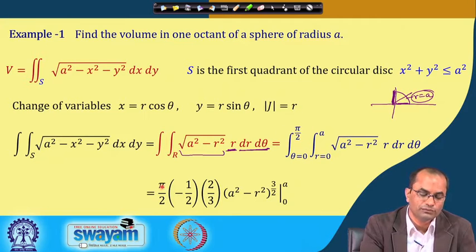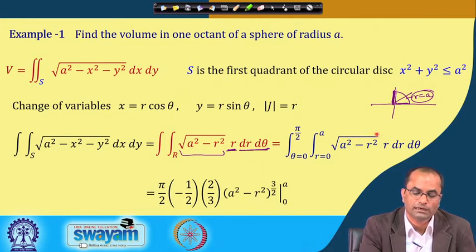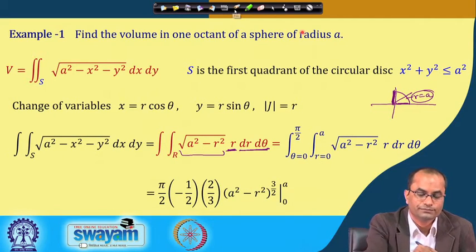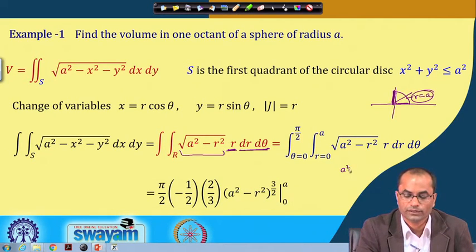So, we will get pi by 2 from the outer integral, the minus half factor from the integral will come, and then the integral will be this 2 by 3 and a square minus r square power 3 by 2.